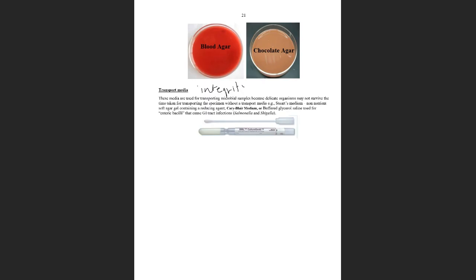Not only that, but they also come with some growth inhibitors, so they don't allow the bacteria to divide and multiply and increase their population in any way. So when the transportation media reaches the lab, it has exactly the same number of microbes as were collected from the patient's body.